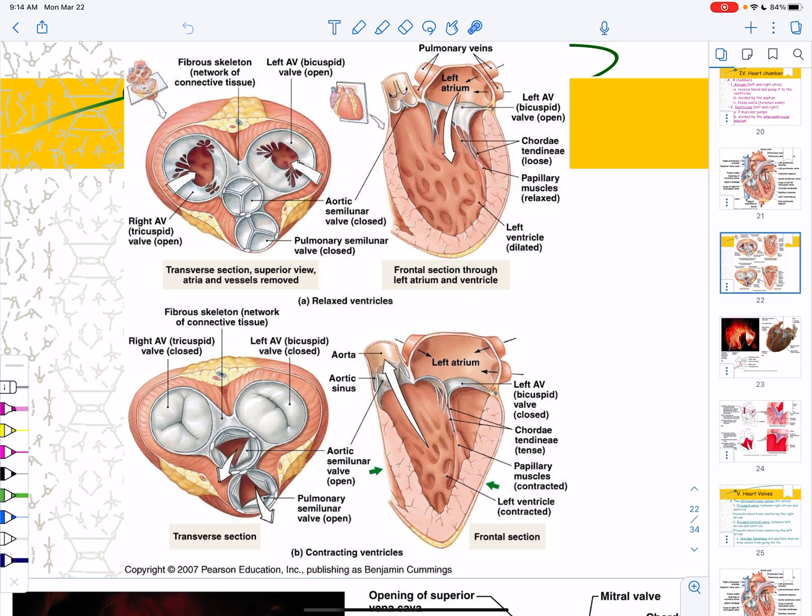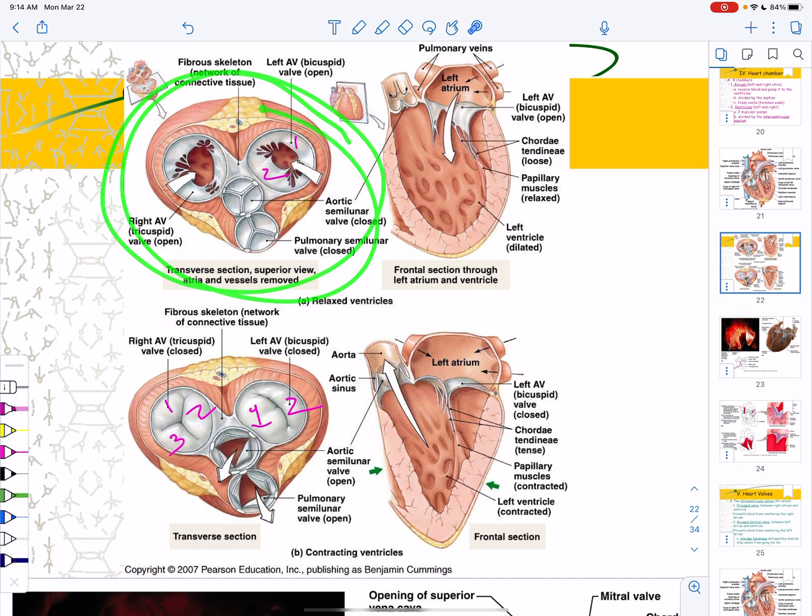Now the thing that you need to see is that one is called a tricuspid because we have 1, 2, 3 cusps on this valve. On the bicuspid, we only have 2. 1, 2 on the open one. I'm now looking at this top portion again, okay? So we have 2 there, and here we have 1, 2, 3.